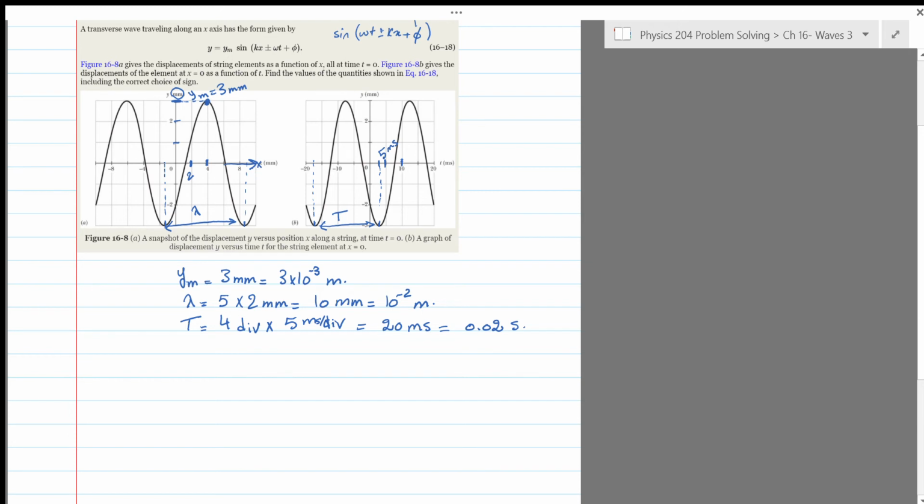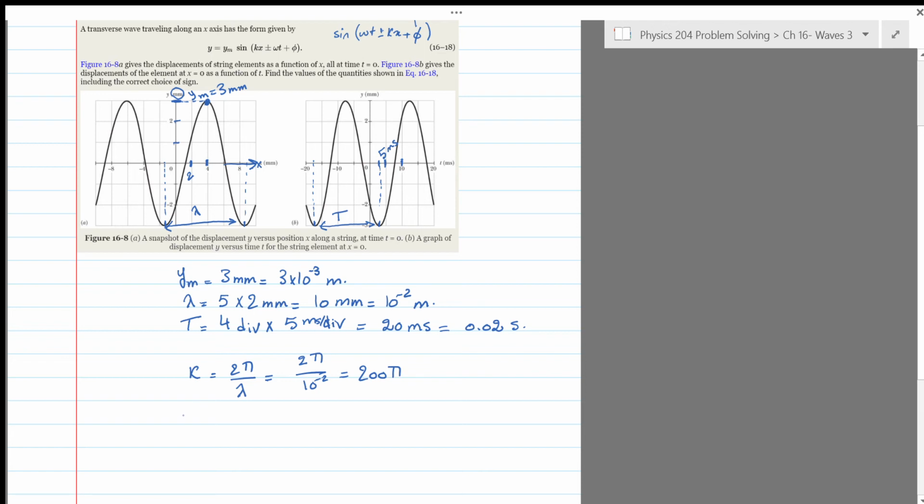So we just found lambda and T, and this is important for us because from these we can deduce k and omega. We know that k is 2 pi over lambda, so we can now find the value of k. It will be 2 pi over 10 power minus 2, which is 200 pi. We can leave this in terms of pi.